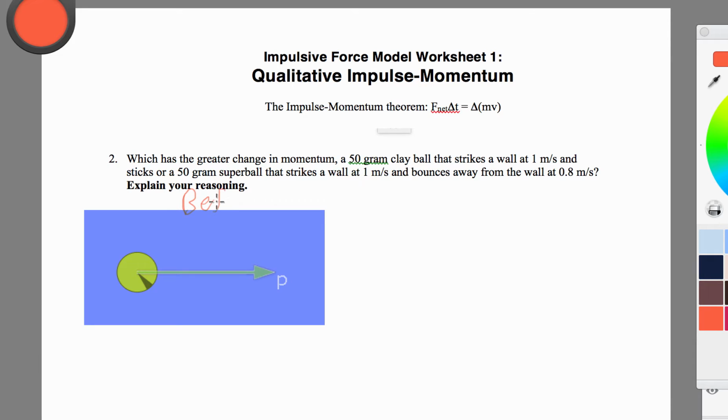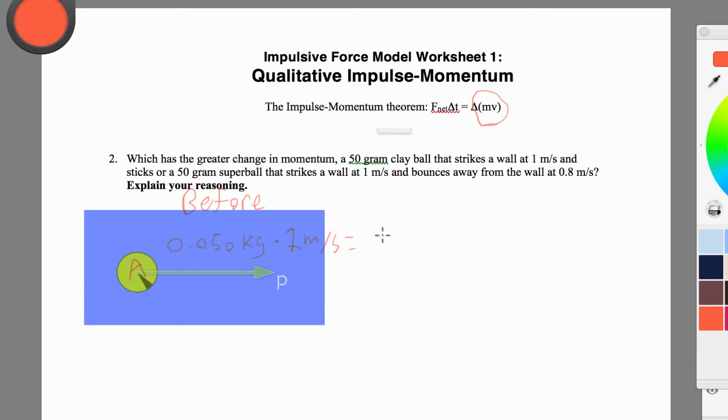Before the collision. So here's our object A, and its momentum is mass times velocity, this equation, and its mass is 50 grams, which is 0.050 kilograms, because kilograms is the standard unit, and its speed is 1 meter per second, so times 1 meter per second gives us a total momentum of 0.050 times 1.